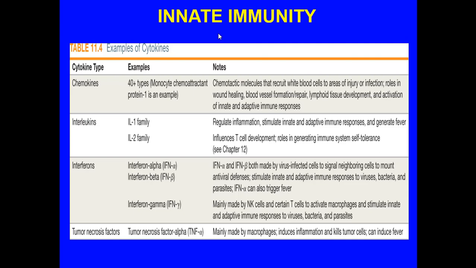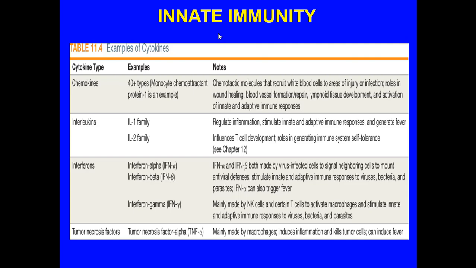And some of them are involved with recruiting white blood cells to the areas of injury or infection. They're the flag that says, come here, we need help here. All hands on deck. Some of them are also playing a role in wound healing, blood vessel formation or repair, lymphoid tissue development, or the activation of innate and adaptive immune responses.